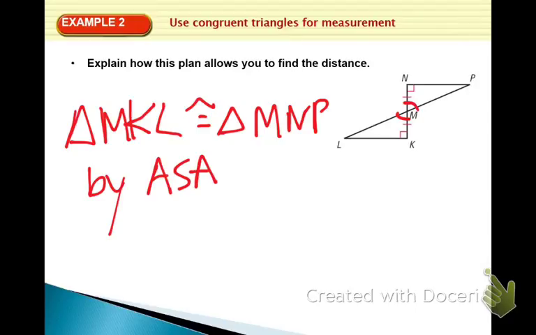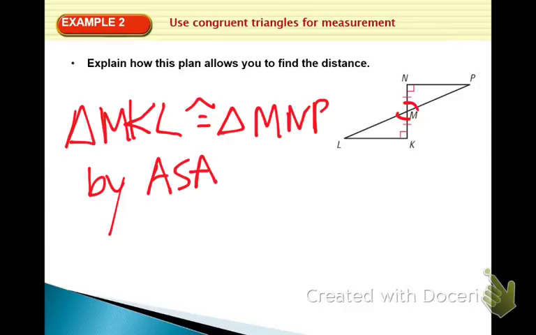And then how can I show that LK is congruent to NP? What am I going to use there? Logan? I've shown the triangles are congruent. What's our next step? What have we been doing?